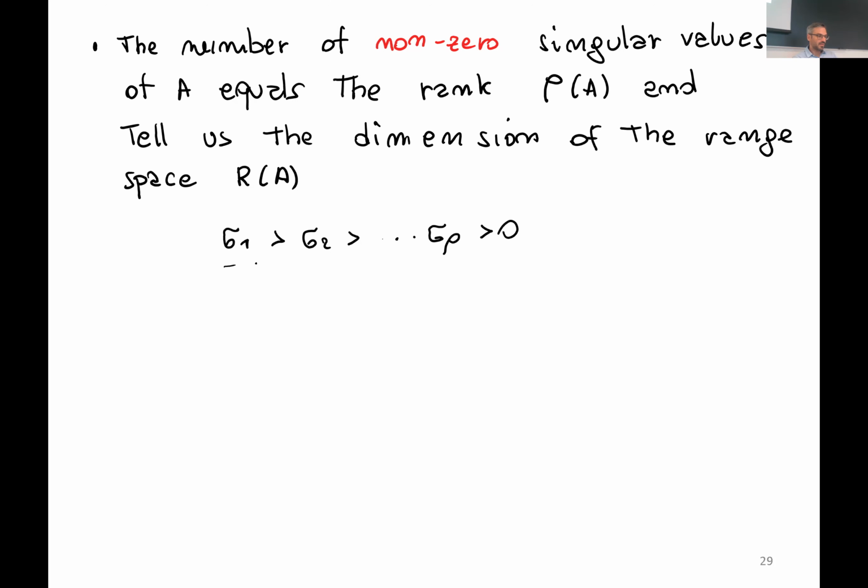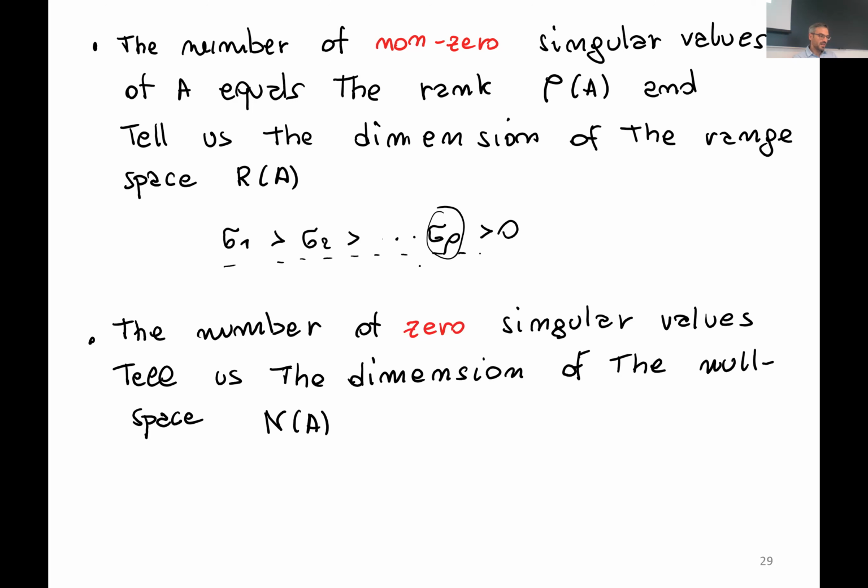All the singular values are positive up to the rank rho, while the number of zero singular values tells us the dimension of the null space of the matrix.